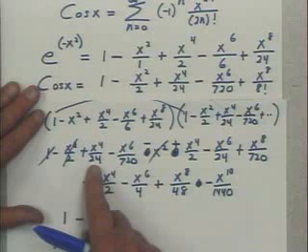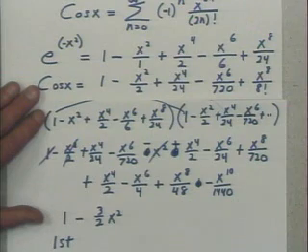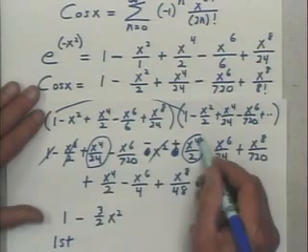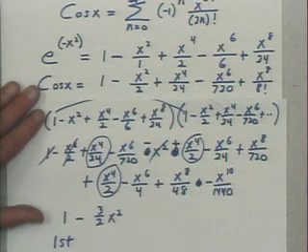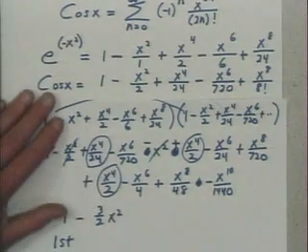Now, does the x to the 4th survive? But do you see why I had to keep multiplying? Because there's 1 here, there's 1 there, and I get 1 here too. Okay, so your next term is those 3 together. I have x to the 4th over 24, I have x to the 4th over 2, and I have that one twice.